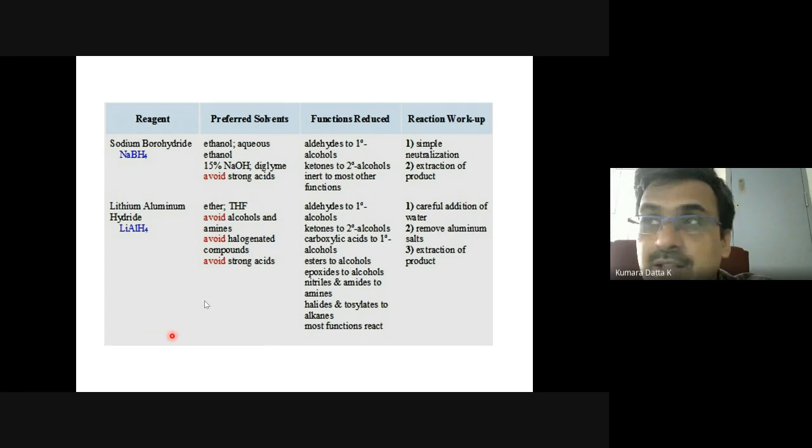In the case of lithium aluminum hydride, we may use ether or THF, and avoid alcohols and amines, because they can bind with it as solvents. Also avoid halogenated compounds and, of course, strong acids.